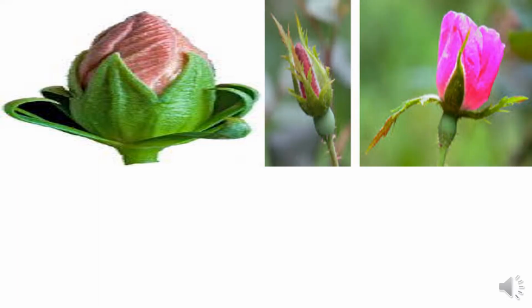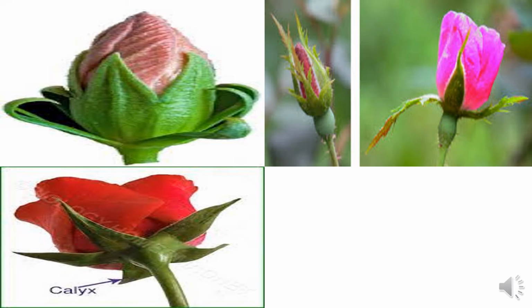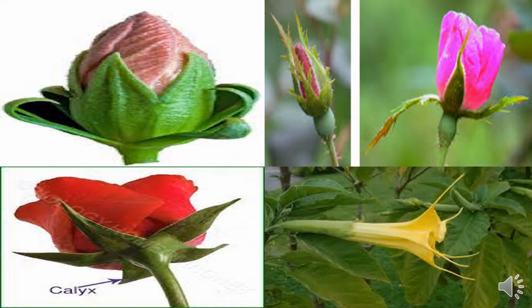See how beautifully the rose flower is covered with sepals. This is the calyx. Calyx means when all these sepals are combined together. So I hope the words sepals and calyx are clear to all of you. Sepal is a part of a flower, a single leafy green structure, and all the sepals combine and form the calyx.